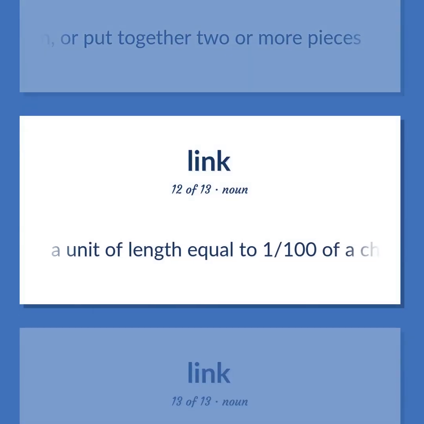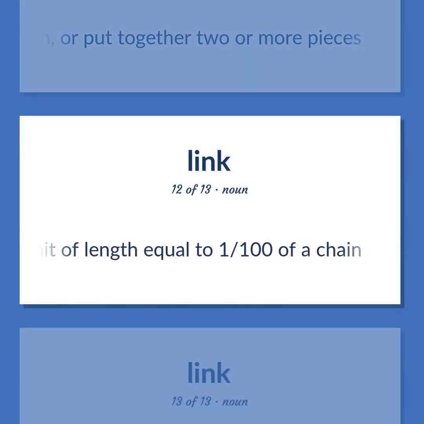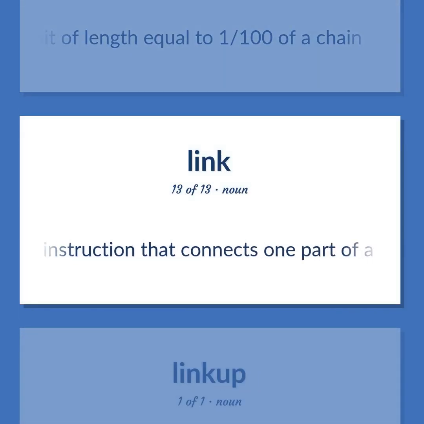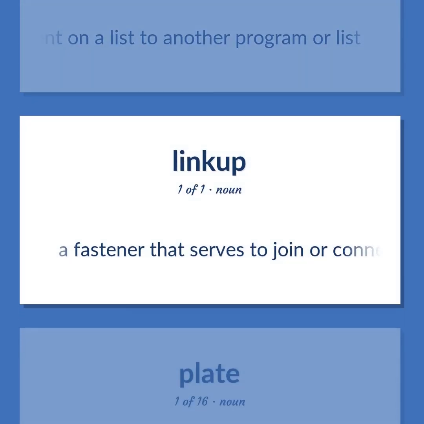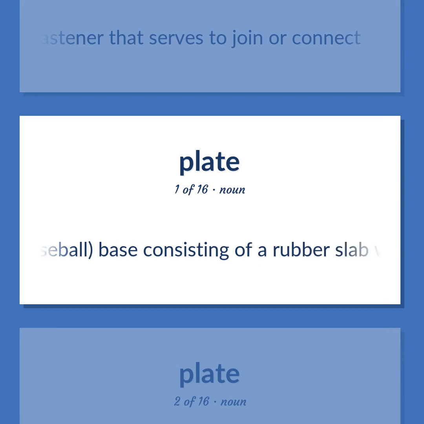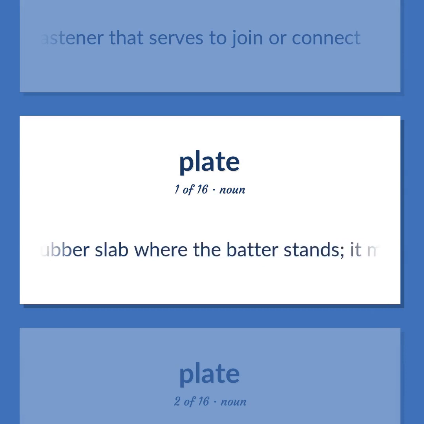A unit of length equal to 1/100th of a chain. Computing. An instruction that connects one part of a program or an element on a list to another program or list. A fastener that serves to join or connect. Baseball. Base consisting of a rubber slab where the batter stands.